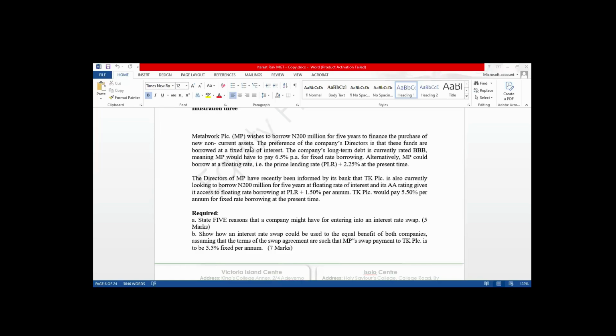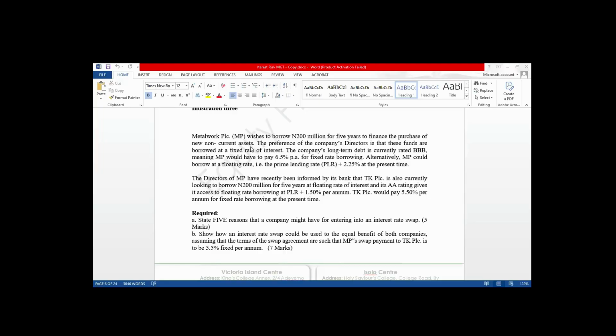The company's long-term debt is currently rated BBB, meaning that Metalwork PLC will have to pay 6.5% per annum for fixed rate borrowing.